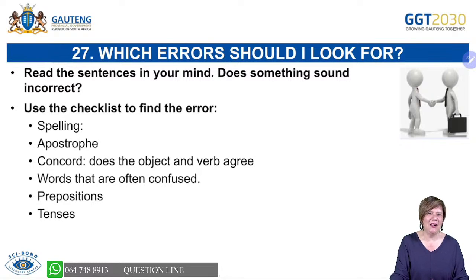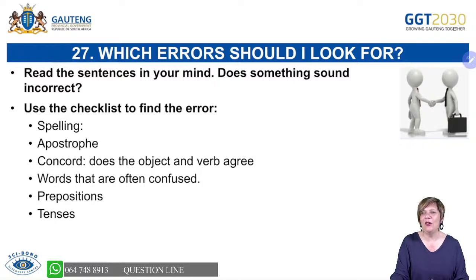Sometimes we include words that are often confused, like to, too, and two. T-O, T-O-O, T-W-O. So words that are often confusing. We love including them, so be on the lookout for them.